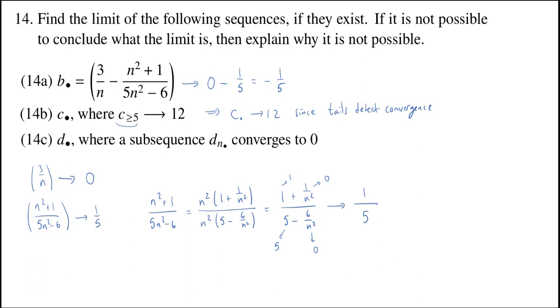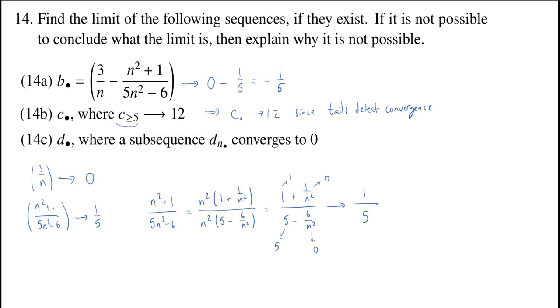Okay, this is one of our theorems. All right, finally we have sequence D, where a subsequence d_n dot converges to 0. Now, we know that subsequences inherit convergence, meaning if we know that D converges to something, then any subsequence will also have to converge to that exact same value.